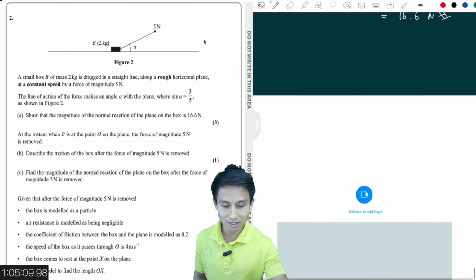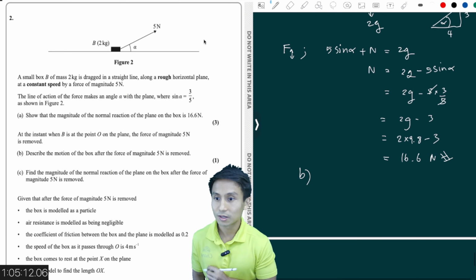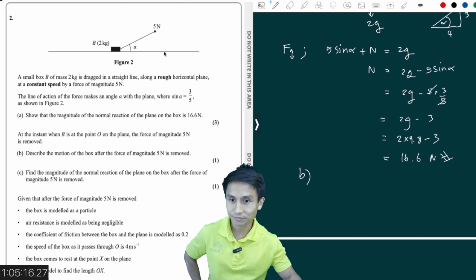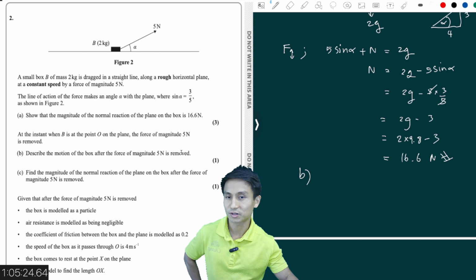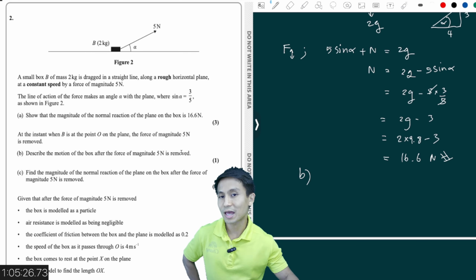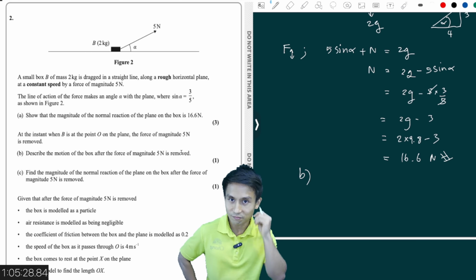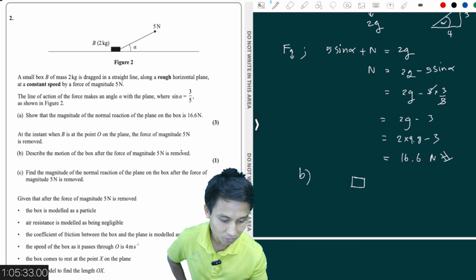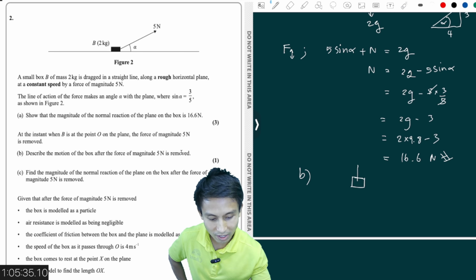Okay, so probably next part there, right? At the instant when B is at the point O on the plane, the force of magnitude 5 Newtons is removed. Describe the motion of the box after the force of magnitude 5 is removed. So you used to have a pulling force of 5 newtons. When there is no pulling force, you would have the upward force here, the normal reaction, to be smaller.